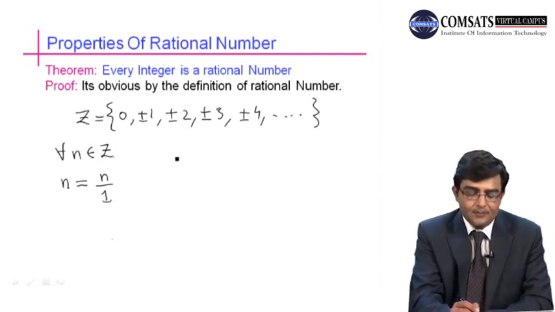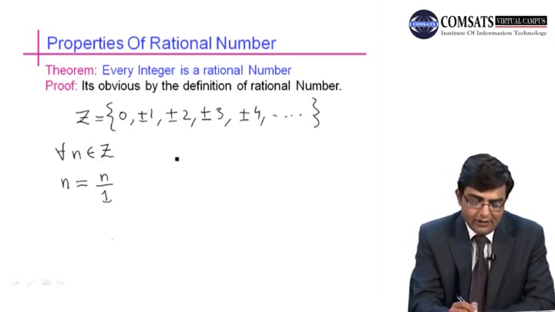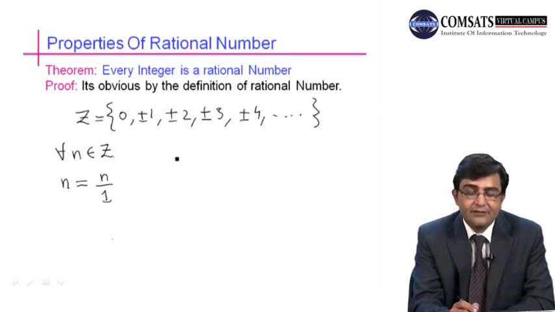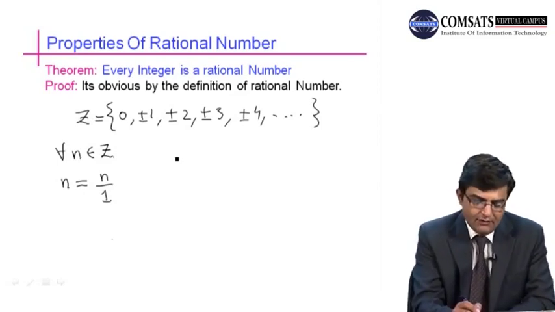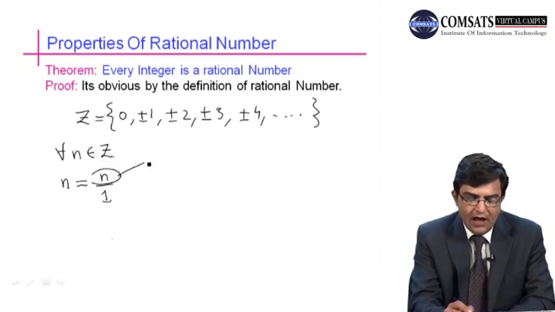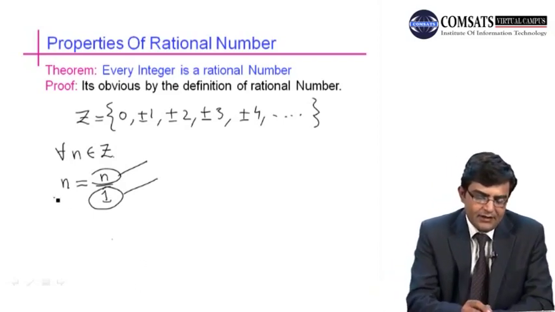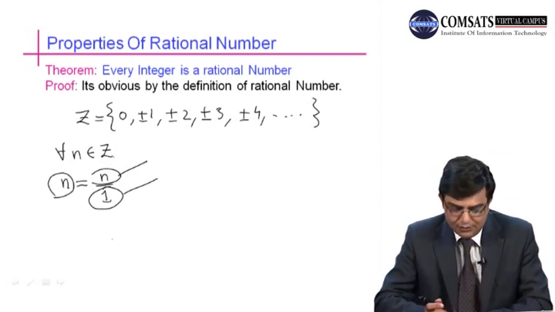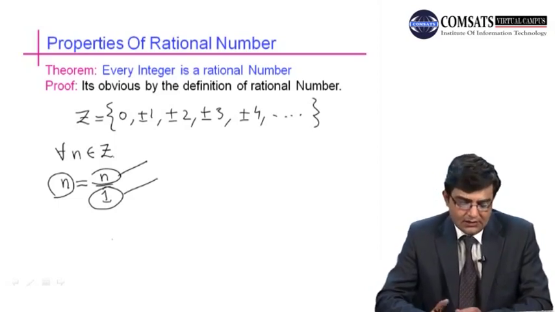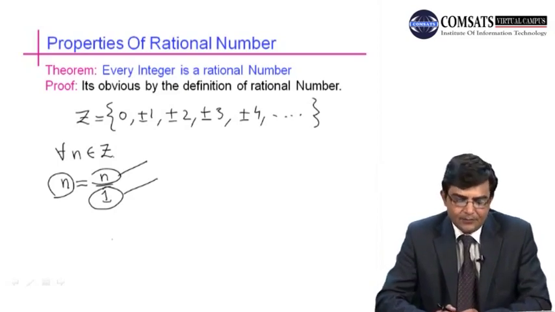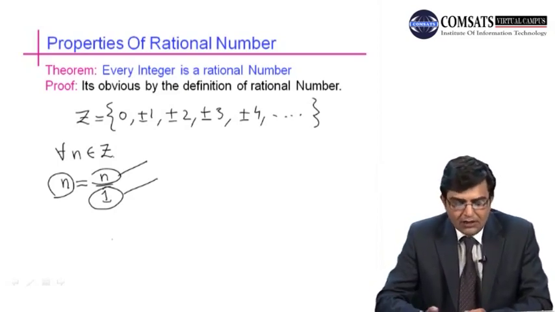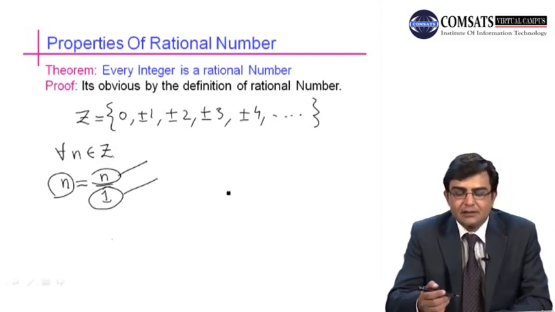This integer n, written in the form n over 1, satisfies both conditions of a rational number: in the numerator we have an integer, in the denominator we have an integer, and the denominator is not 0. Therefore n is a rational number. This is how we can say that every integer is a rational number. In particular, we can take particular examples.